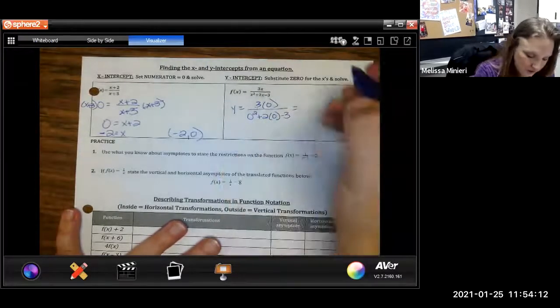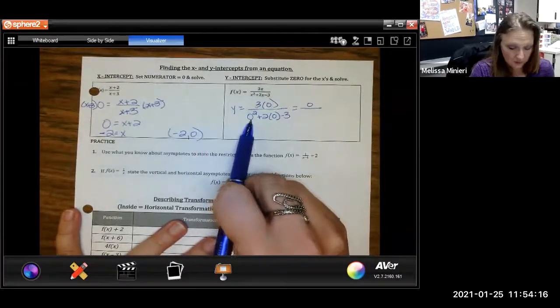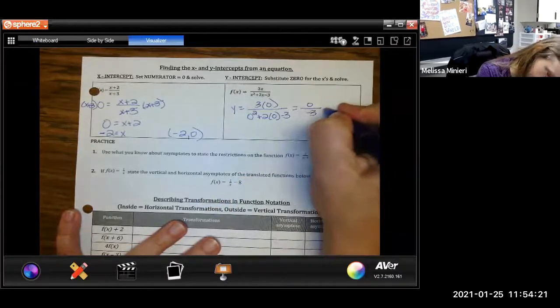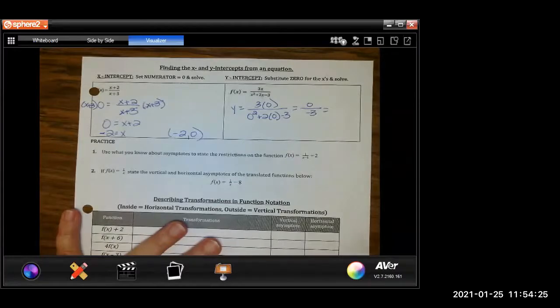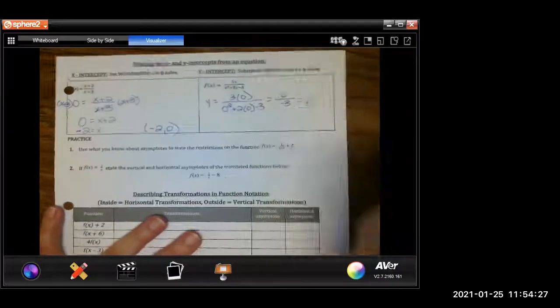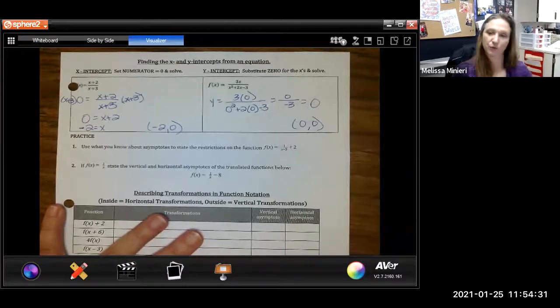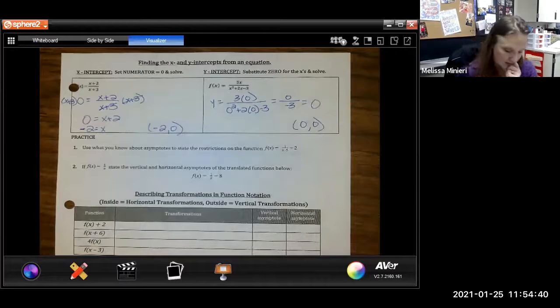So 3 times 0 is 0. 0 squared, still 0, plus 2 times 0 is 0, minus 3. So what's 0 divided by negative 3? 0. Just 0. So we have a y-intercept at 0, 0. So whenever you're finding the y-intercept, you can just plug in 0 for all the x's and simplify, and you'll know where the y-intercept is.